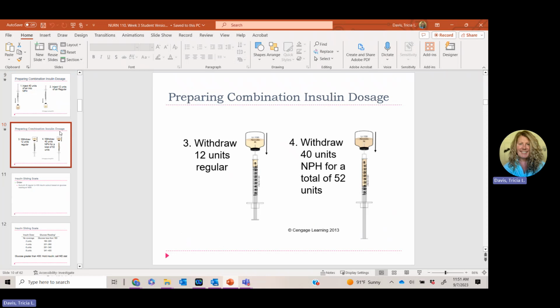Then we will turn that bottle upside down with our non-dominant hand, and we will withdraw whatever it is we're going to withdraw. In this case, we were drawing up our regular insulin first. So withdraw 12 units of insulin. And then we're going to move into our next bottle and withdraw 40 units of NPH for a total of 52 units.